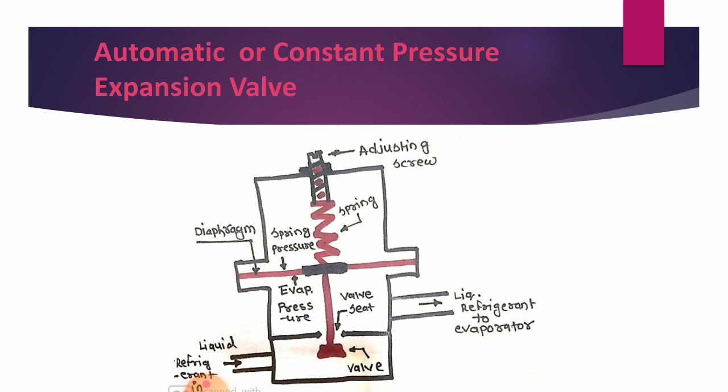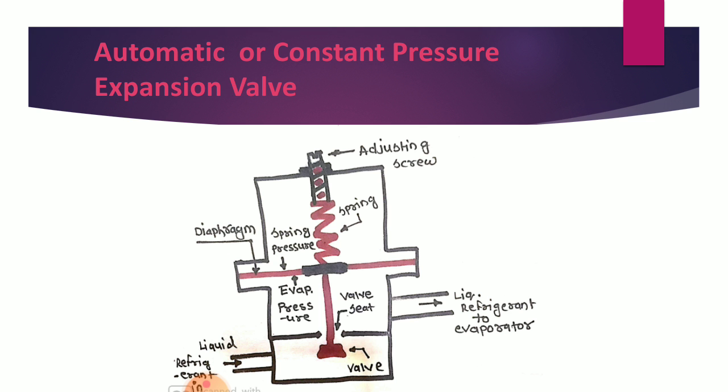Because of that, the valve moves downward and creates more passage for the entry of the refrigerant. So the maximum amount of refrigerant is allowed to flow into the evaporator, thereby maintaining the evaporator pressure when it falls below the design level. In this way the valve opens and the maximum amount of refrigerant is taken into the evaporator to maintain its constant pressure.